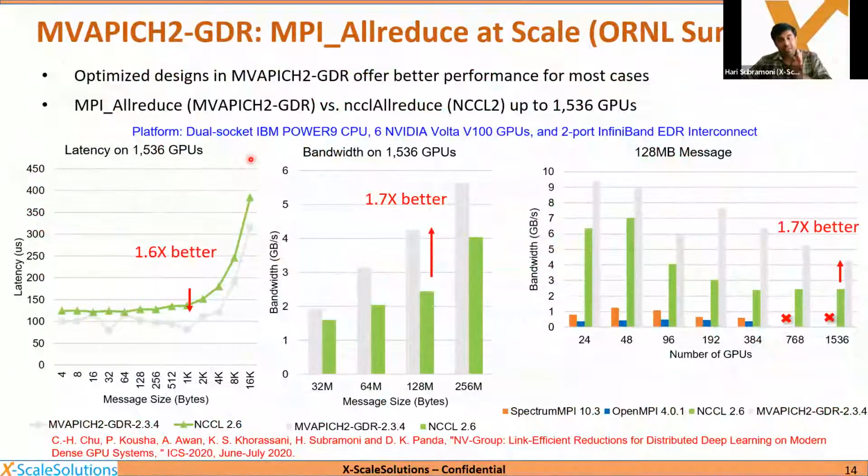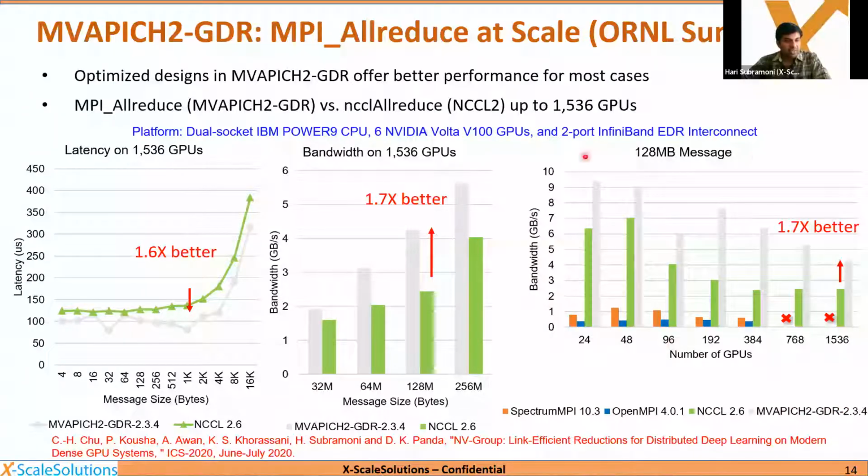Now, what is the end result of all of this optimization? That is what we are trying to highlight here in this slide. This shows the performance of AllReduce at scale on the Oak Ridge Summit supercomputing system, which is an IBM OpenPOWER system, a Power9 system with NVIDIA V100 GPUs. Here we are comparing the performance of NCCL versus GDR.